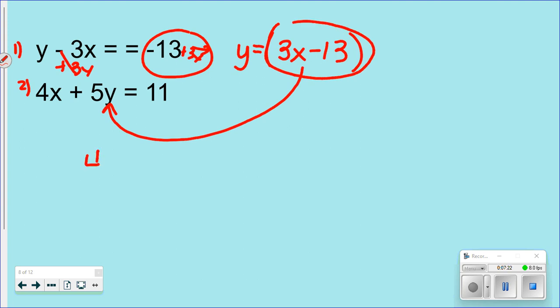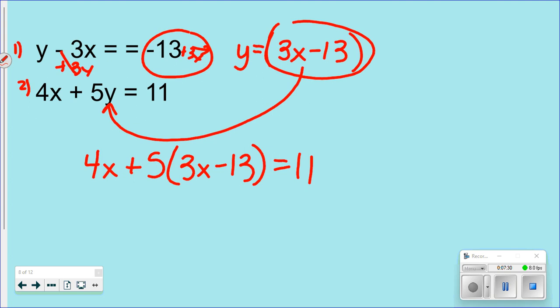Now watch, this is what it's going to look like. Parentheses, and I'm going to put in my 3x minus 13, and in parentheses equals 11. Okay. And I'm going to start to solve for my x. I think this is probably step 3 maybe on there. Let me go back and check it out. Yep, step 3.